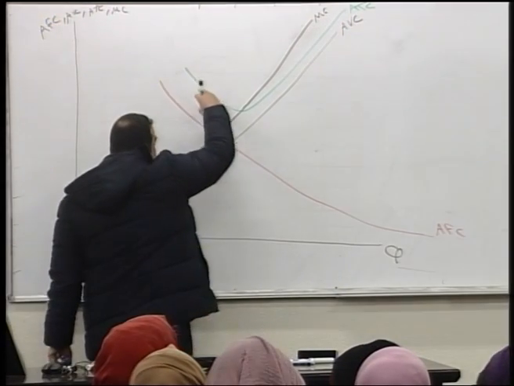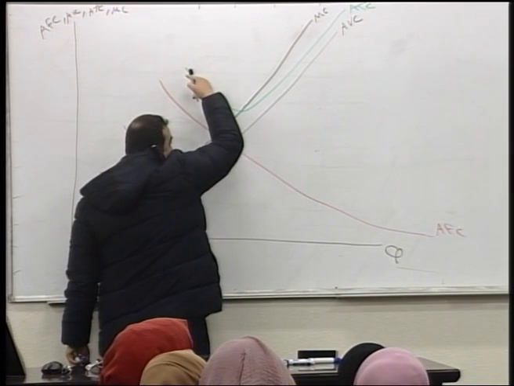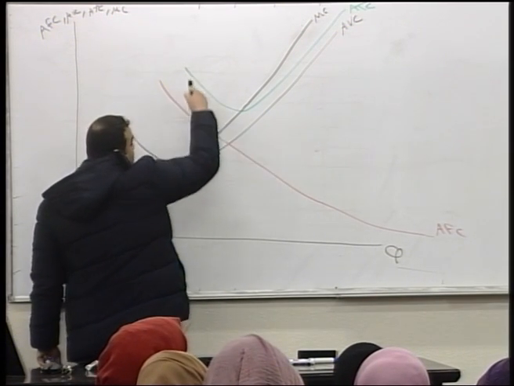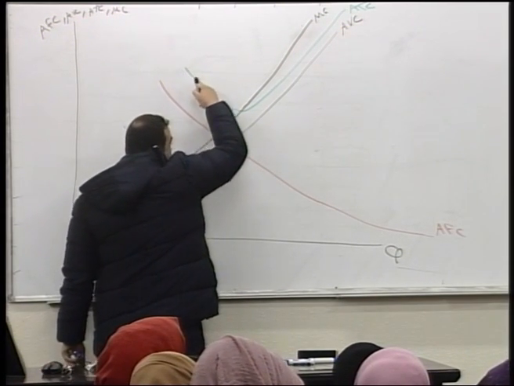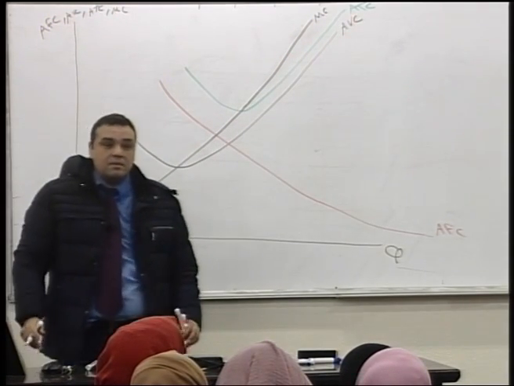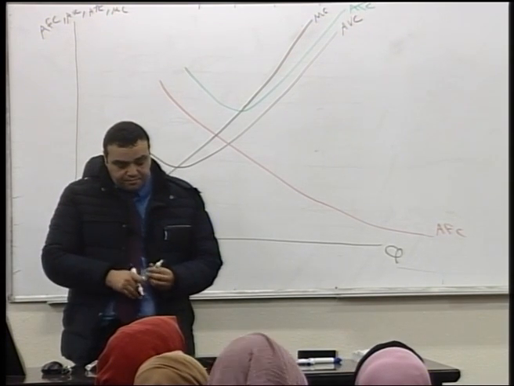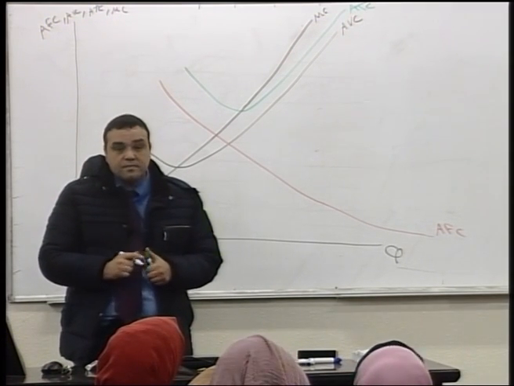The average variable cost and average total cost look like the average variable cost, decreasing and increasing, right? Okay. We have the following comments on the graph. Number 1.